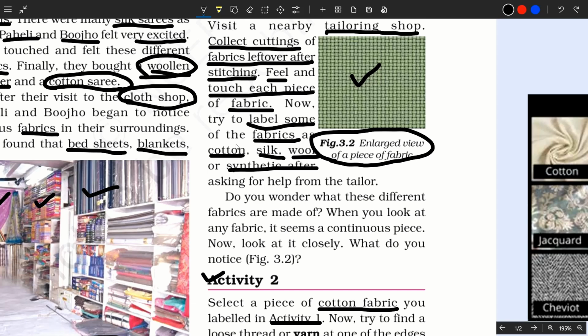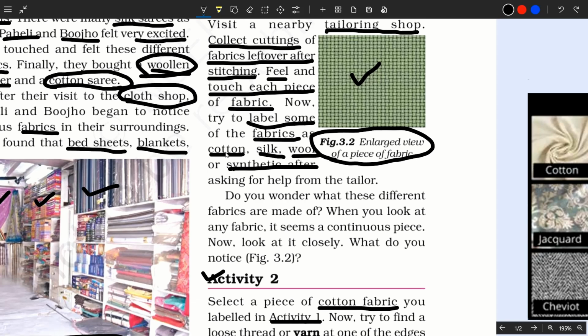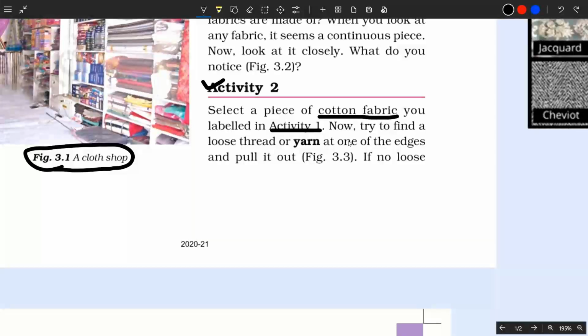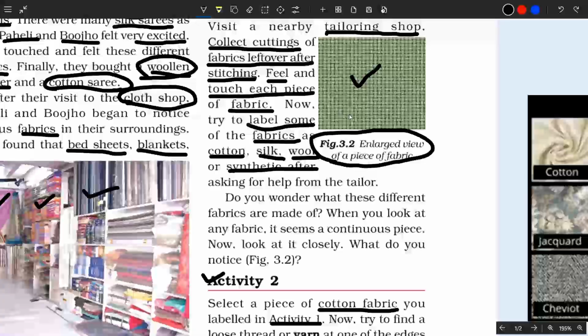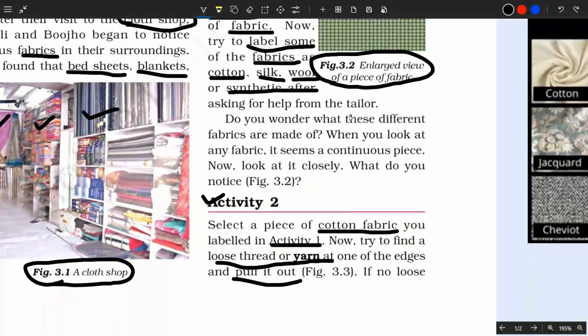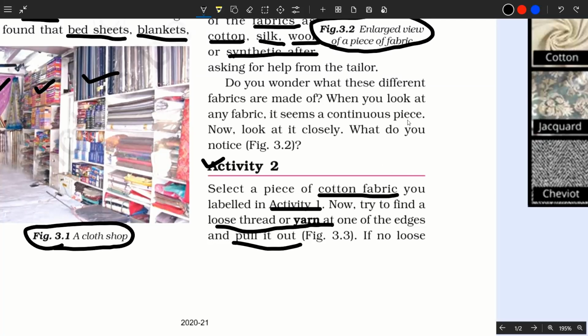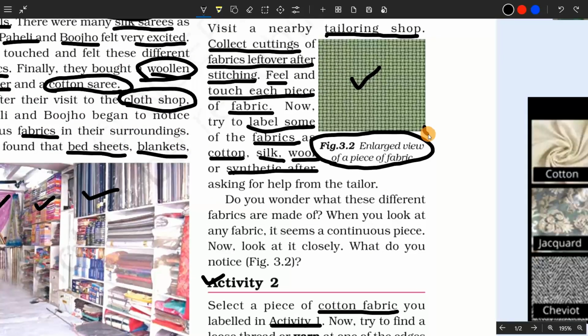Here, take the cloth which you have written as cotton, then label it as you labeled in activity 1. Now try to find a loose thread at one edge and pull it out. When you take a cotton cloth, just go to its corner part, right?